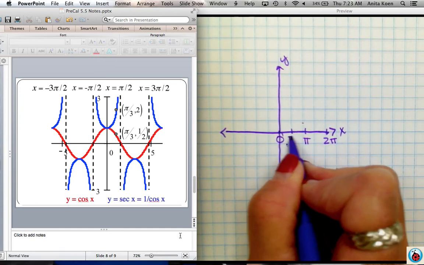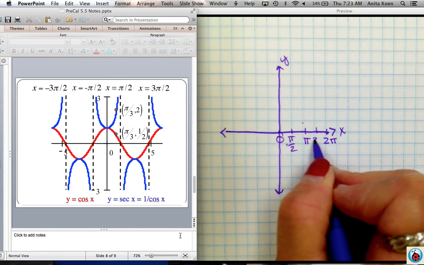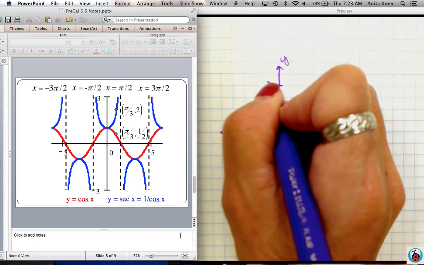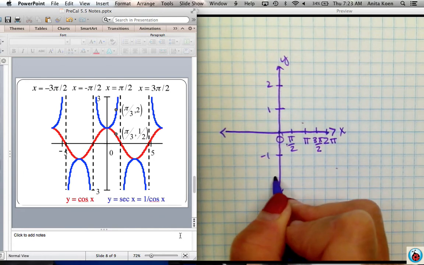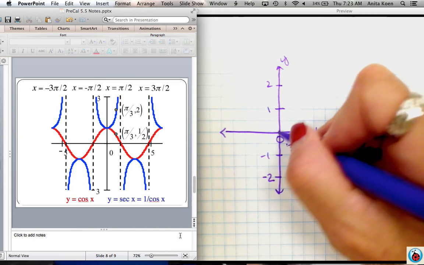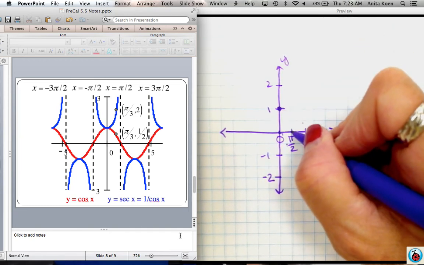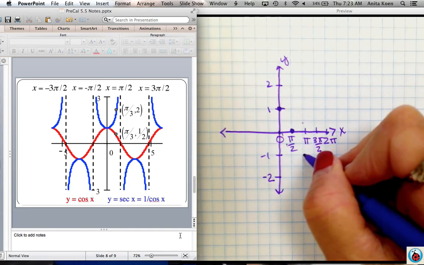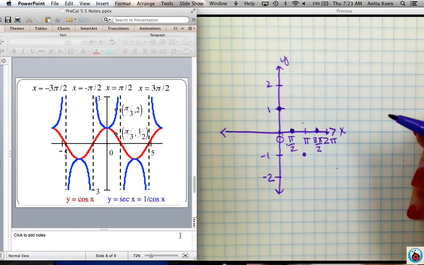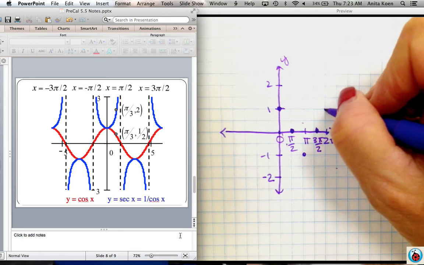Halfway in between is pi over 2, and halfway in between is 3 pi over 2. Now, here's 1, here's 2, negative 1, negative 2. So my cosine of 0 is 1, cosine of pi over 2 is 0, cosine of pi is negative 1, cosine of 3 pi over 2 is 0, cosine of 2 pi is 1.